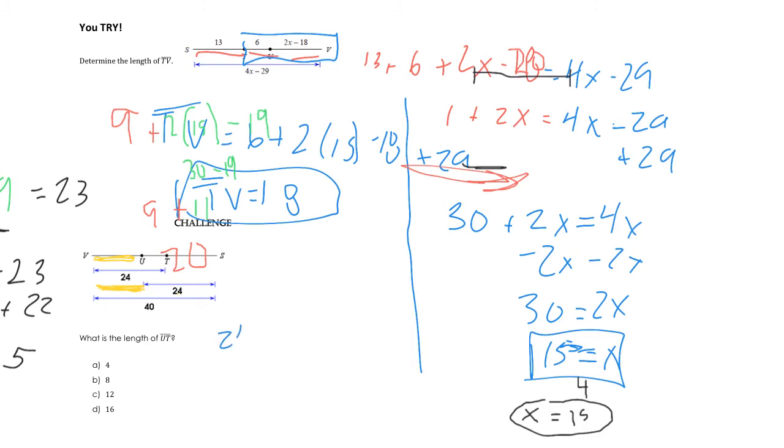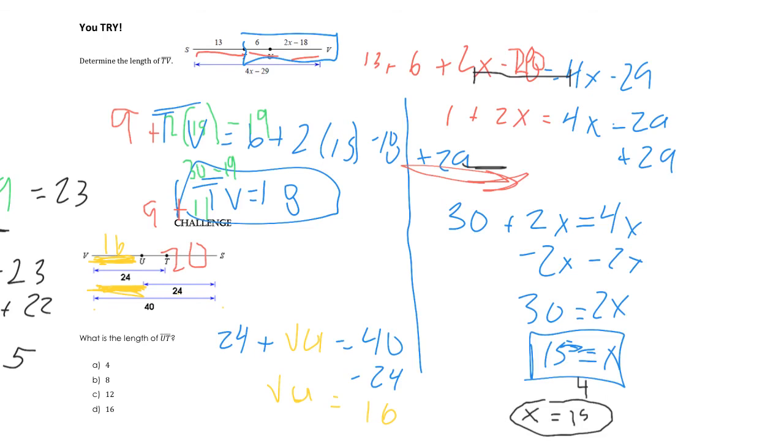So 24 plus VU, or you could call it x, equals 40. So I'm going to subtract 24, and VU equals 16. Because if this yellow piece here is 16 and that piece is 24, they add up to 40. So that's what fits. It's like a puzzle.